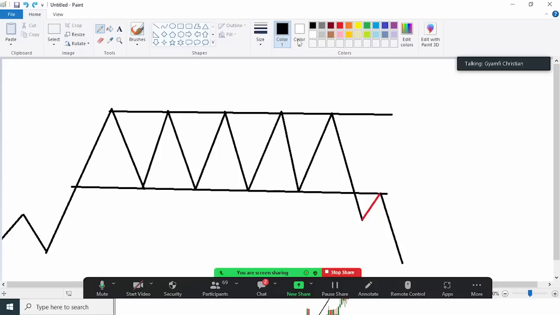When we are looking at the first obvious one, you see there was a reaction over here when market got here. We can't see it, but let's assume it was in an uptrend, moving up and down.